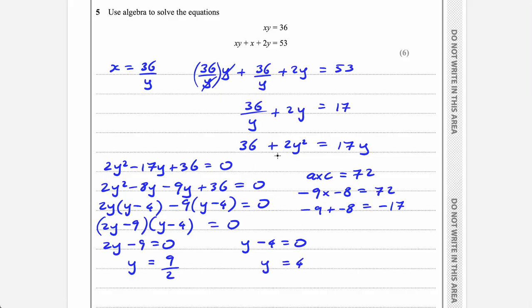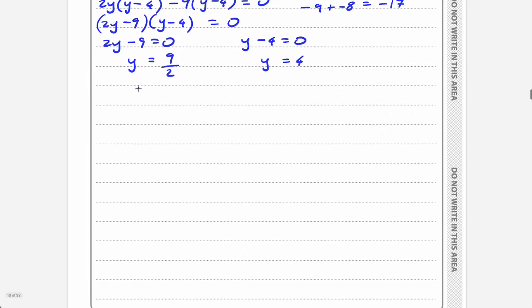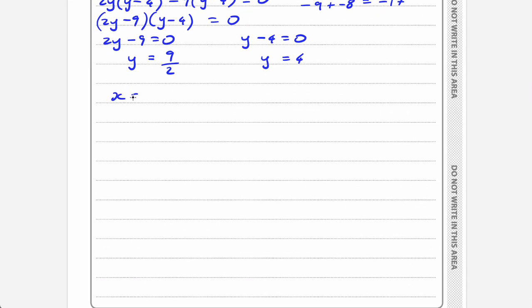Now we have x is 36 over y, so then I'll just write here x equals 36 over y, so over 9 over 2. Keep, change, flip, guys, if you want. This is going to be 36 times 2 over 9. That goes in 4 times, and we're left with 8. So this is 8.